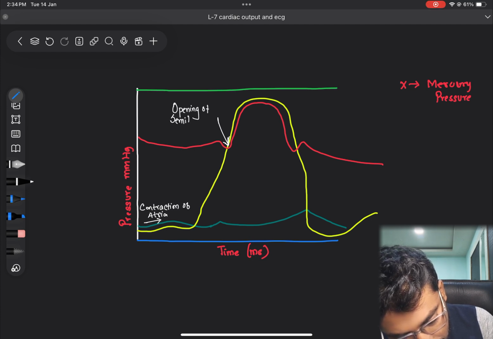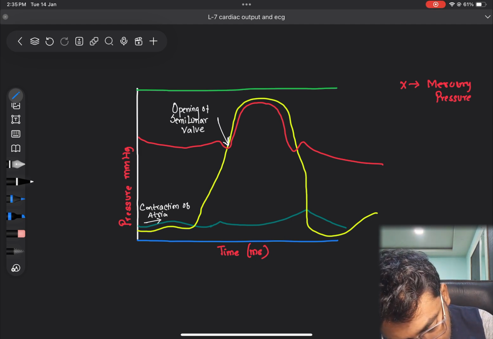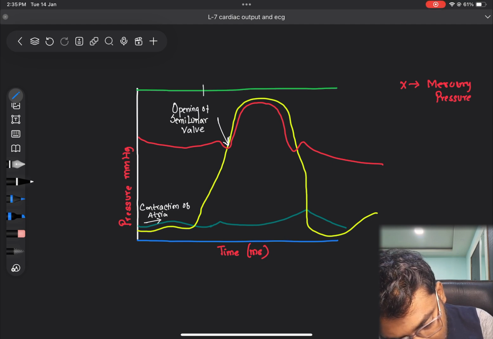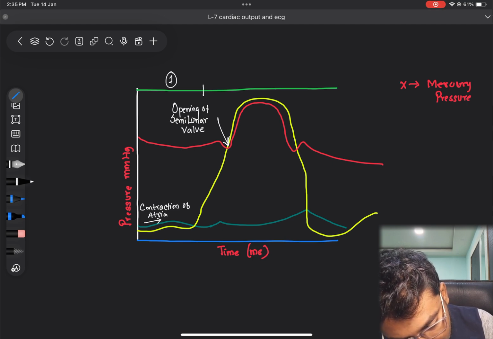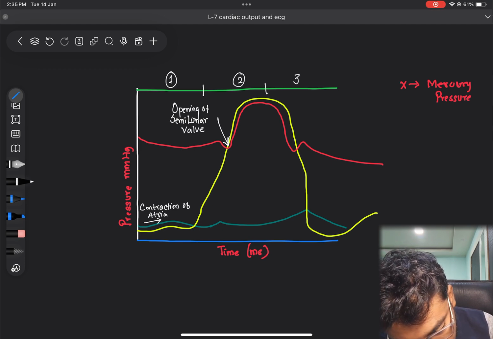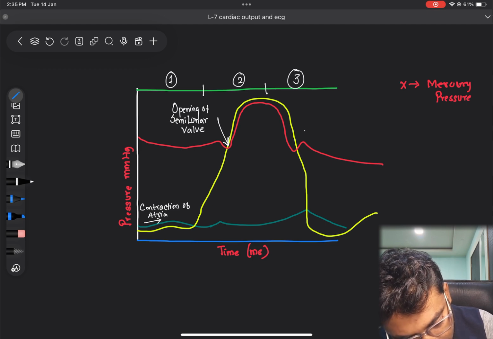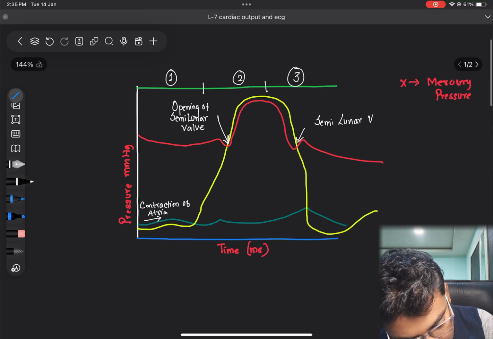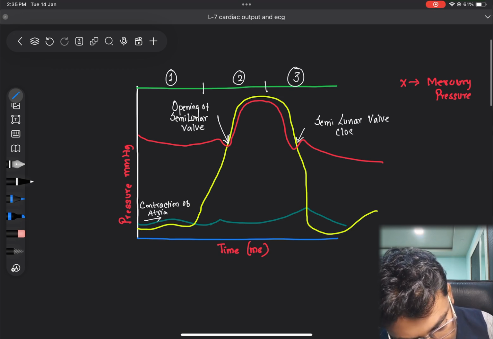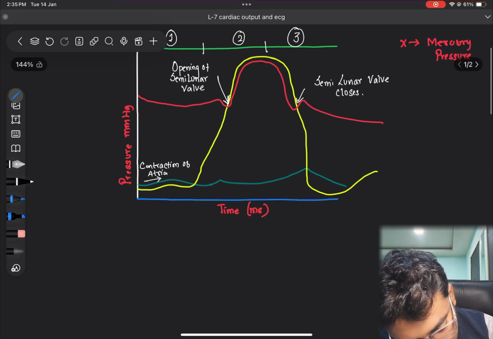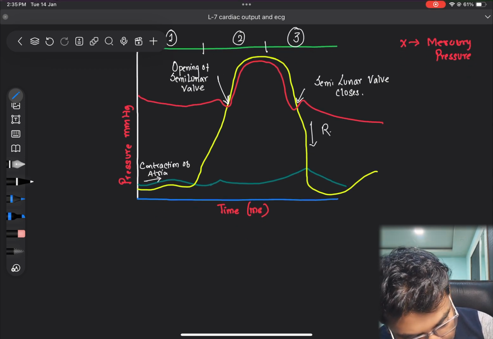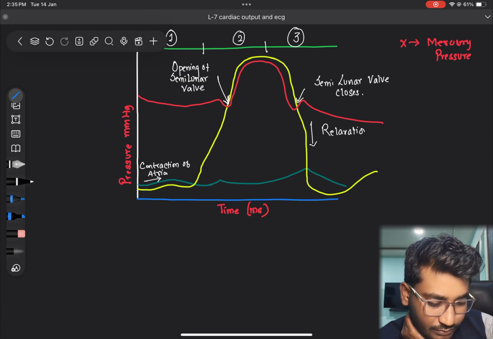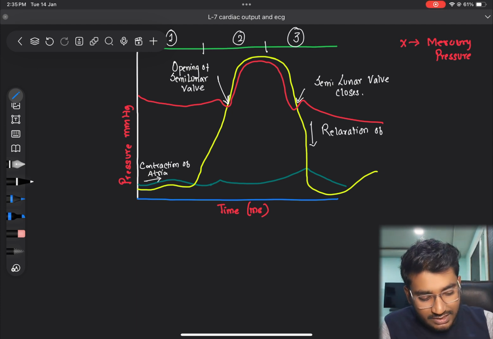This is step 1, step 2, and this is step 3. Here the semilunar valve closes. This is the relaxation of the ventricle. The ventricle is relaxed here.